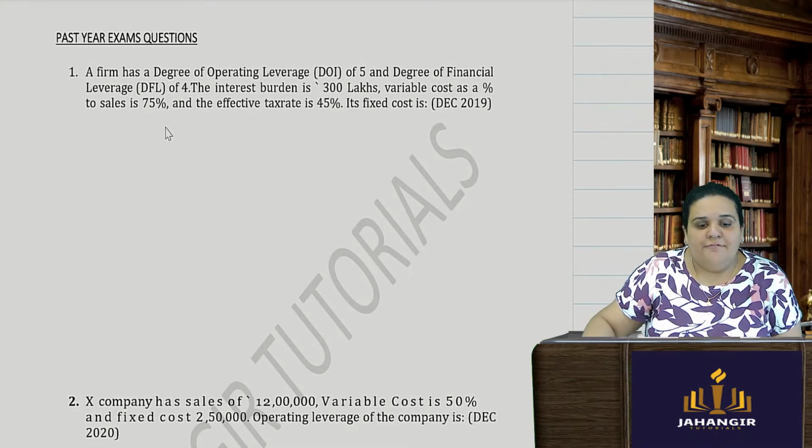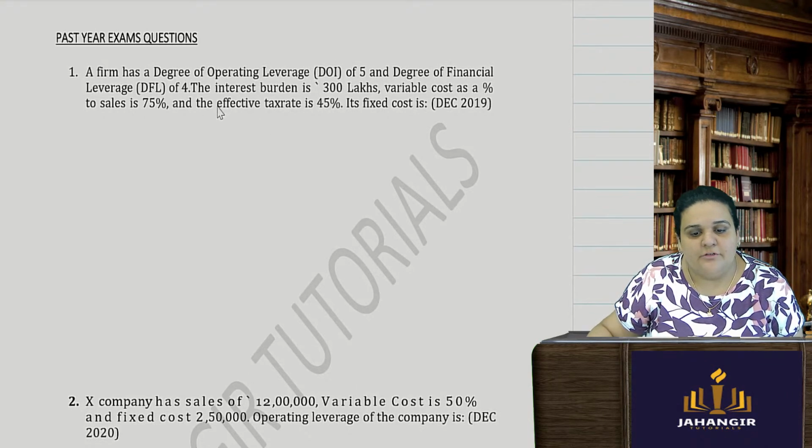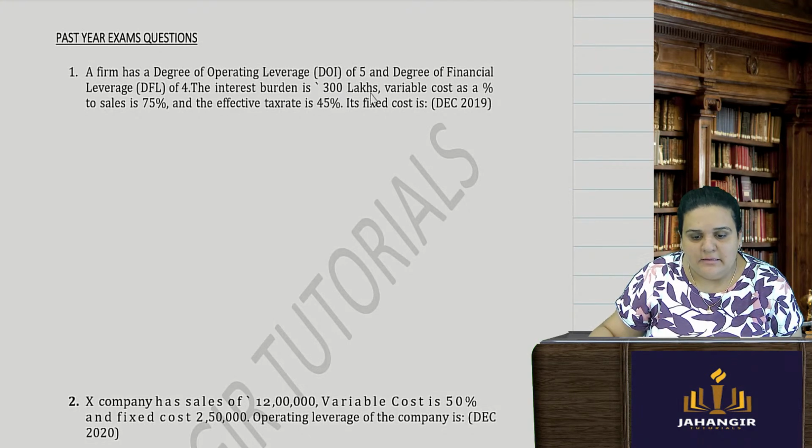First one, a firm has a degree of operating leverage of 5, degree of financial leverage of 4. Interest burden is rupees 300 lakhs. Variable cost as a percentage to sales is 75% and the effective tax rate is 45%.